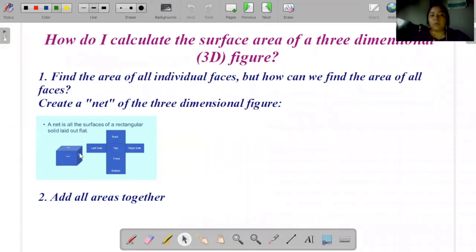If we open the three-dimensional shape, we're going to see the shape laid out flat. Now we can find the area of each face and then add them all together to find the surface area of that three-dimensional shape.